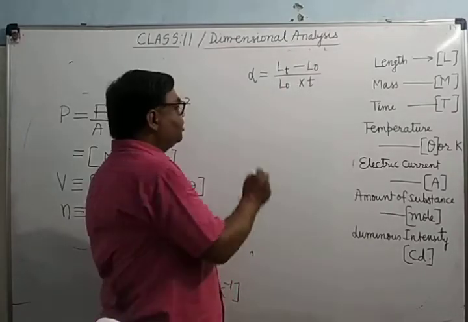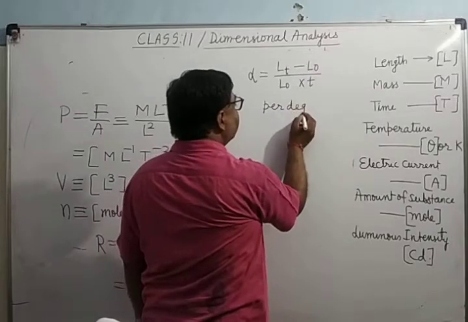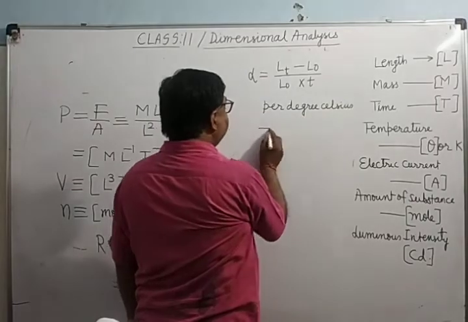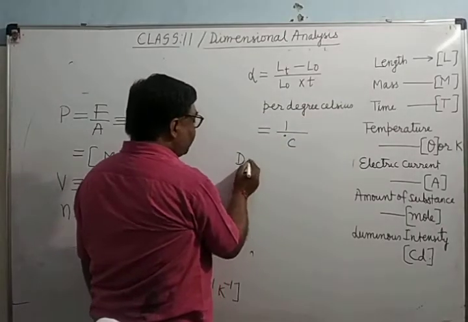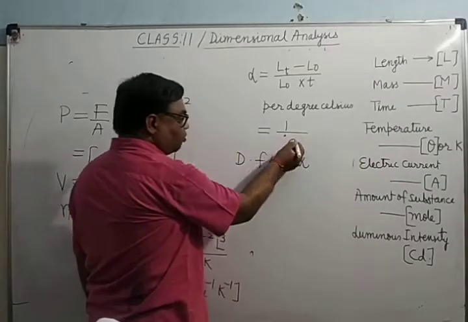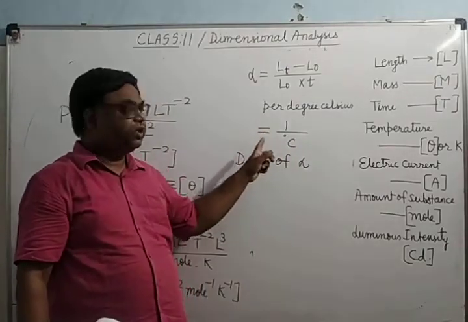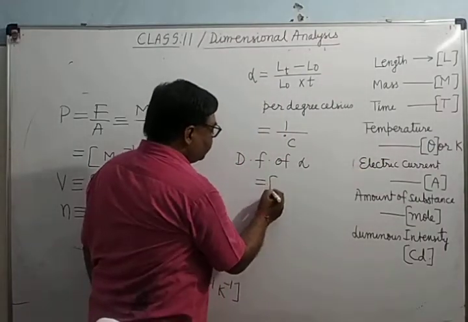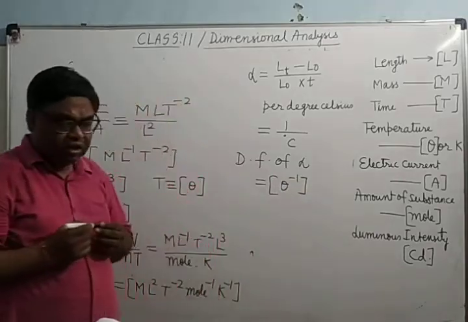Its unit is per degree Celsius, or we can write it as 1 upon degree Celsius. So what is the dimensional formula of alpha? Its unit is Kelvin, which we represent by either theta or K. So it will be theta minus 1.